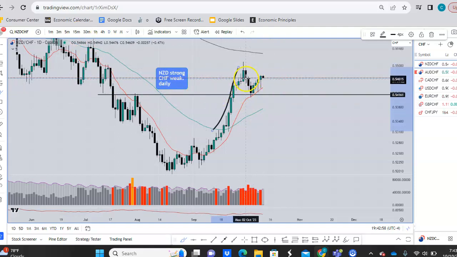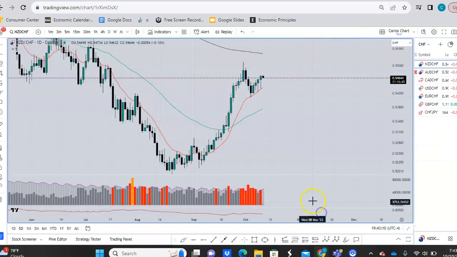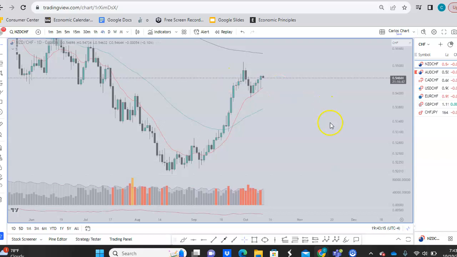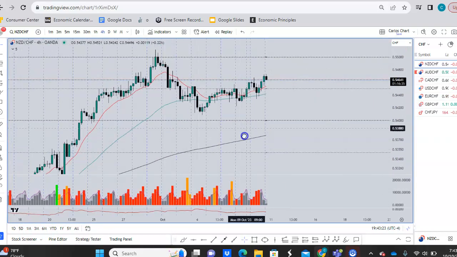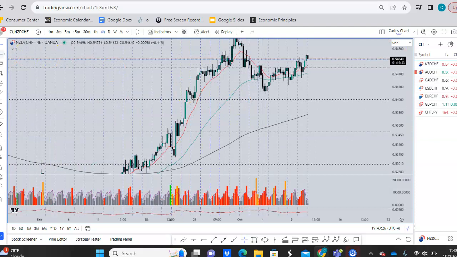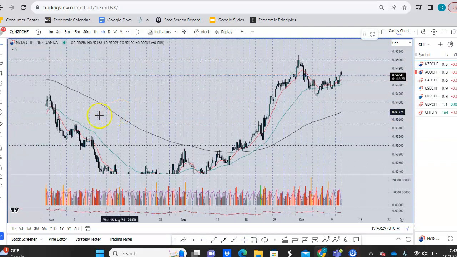We're just now getting it as a two-leg pullback, in which you cannot see the detail here, but if you go down a time frame, we'll be able to see it. So let's go ahead and do that. Okay, so here we could see, let me mark my level.